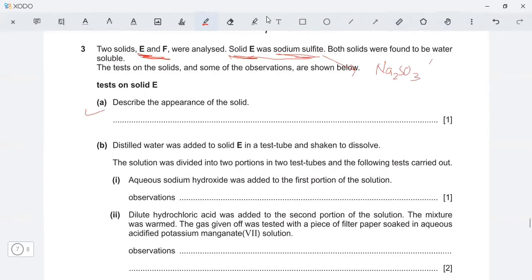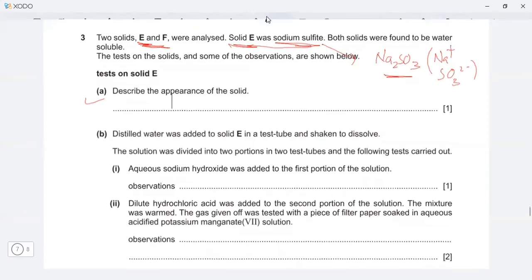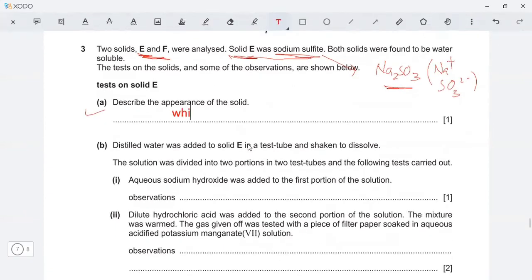Here we have two different ions, the Na+ ion and the sulfite ion. Two ions are present: the cation is Na and the anion is sulfite. So always remember what the appearance of this compound Na2SO3 could be. It is going to be white. The key point is about first group, second group, and third group compounds.